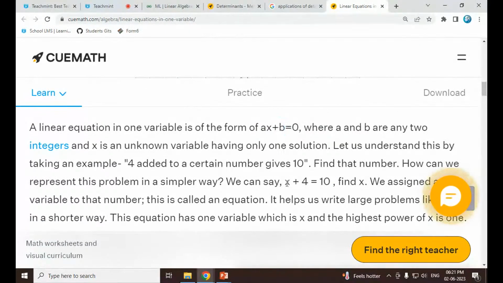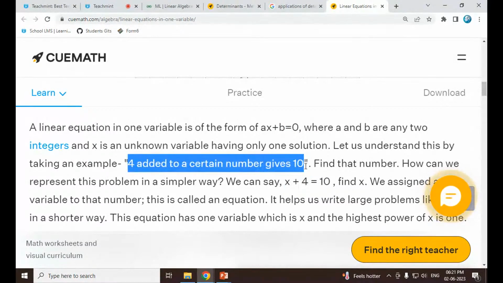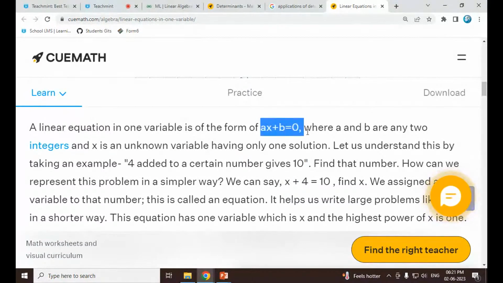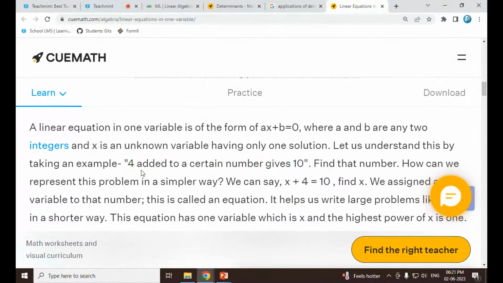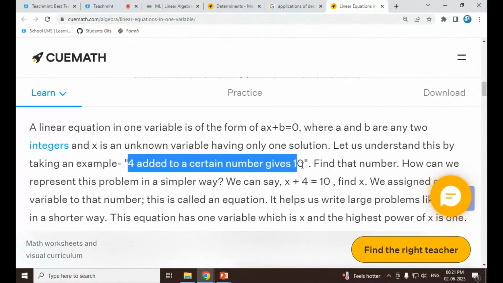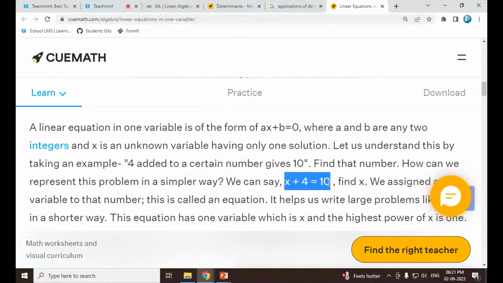So now the statement is converted into an equation. This English statement, 4 added to some number gives 10, can be formed into this kind of equation.